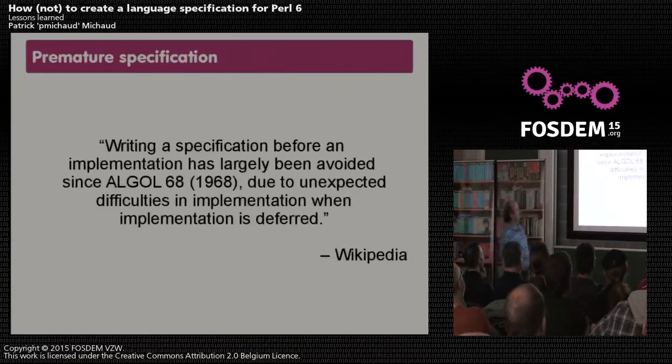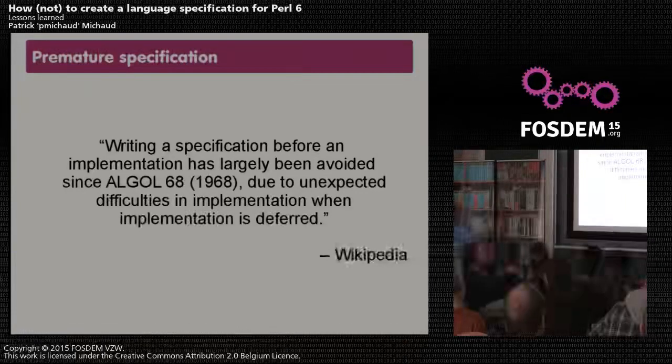And then Wikipedia again. If you go and look at the article on language specification in Wikipedia, it has this very nice little quote here, which I will just read out loud. "Writing a specification before an implementation has largely been avoided since ALGOL 1968." What? I didn't know this. And why do you do it?